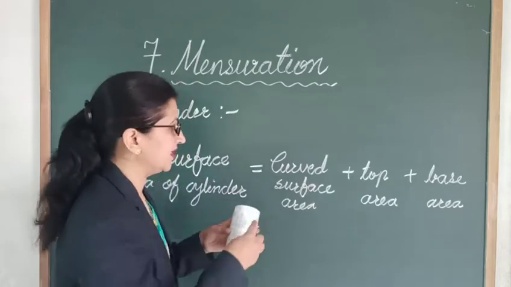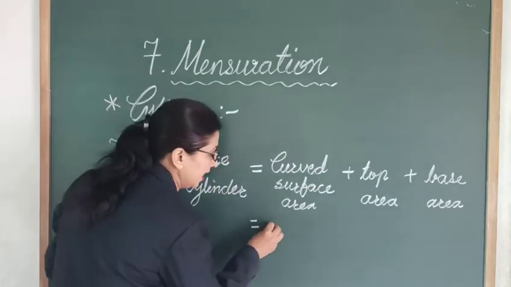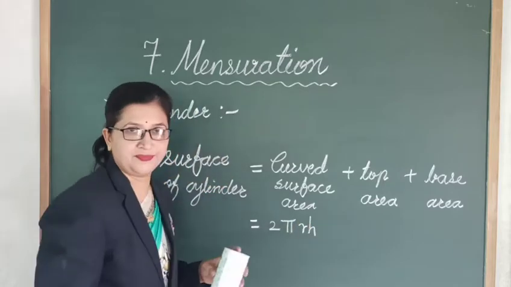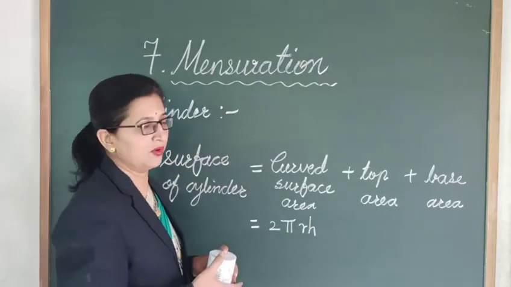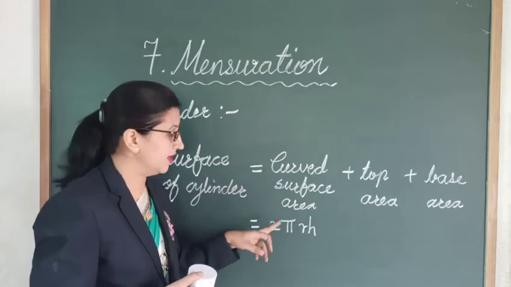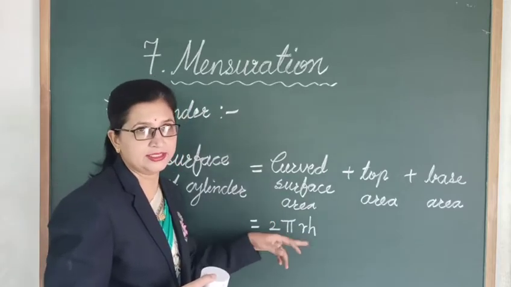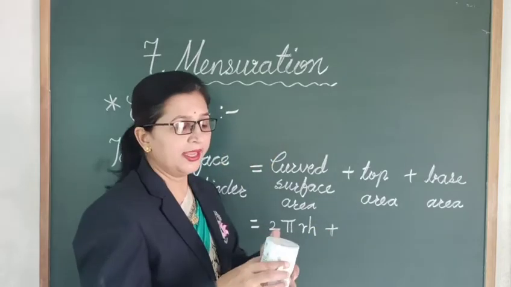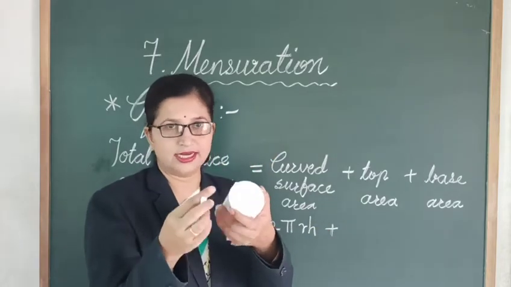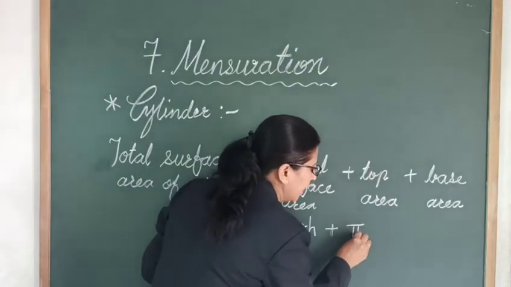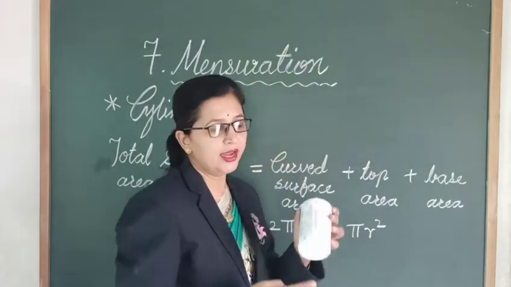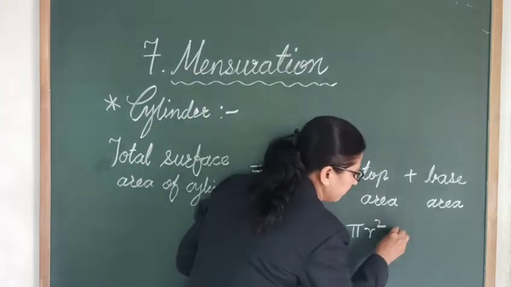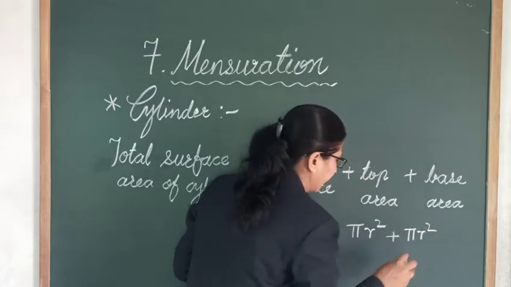Curved surface area is 2 pi r h, the formula we just found. Top area is circular, so pi r square. Base area is also circular, so pi r square.